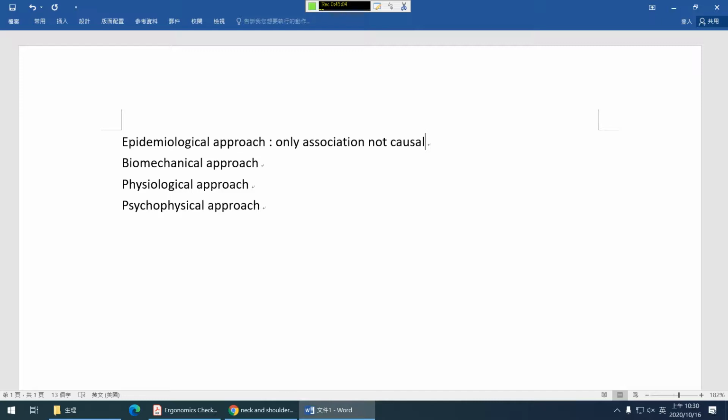So this kind of approach, at best, only generates hypothesis.